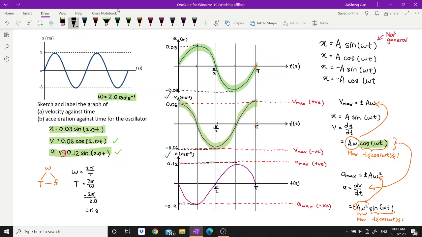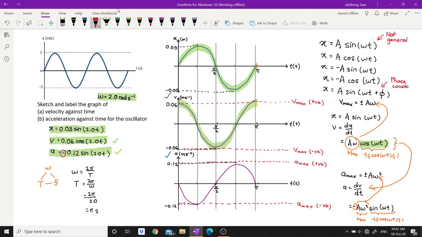That is also a valid SHM equation. And also you can have even more general forms like a sine. This is probably out of your syllabus, but it was in your syllabus last time, so I'll just talk about it here. You can add on this angle behind here that we call phase angle or phase constant.